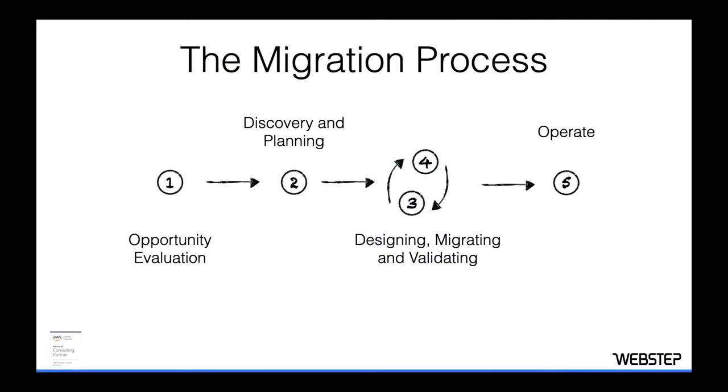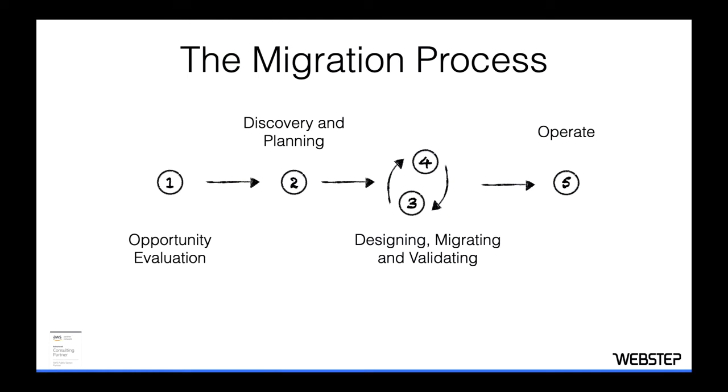If we're going to move something to the cloud, basically we need to have a process, of course. Typically, you start with evaluation of the opportunity. You want to move your workloads or your portfolio into the cloud, so a business opportunity evaluation of that. Then we need to get into proper discovery and planning.